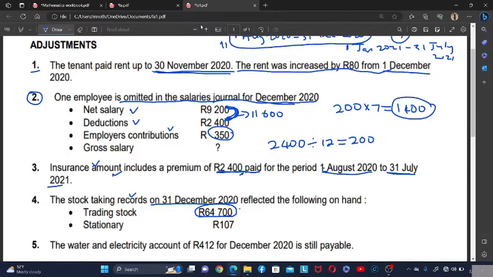So what does this mean? This means that the business is making a loss here. The business is losing here. So what do we call this? We call it a trading stock deficit. So the difference between these two amounts, 70,000 and this one, we call a trading stock deficit, which is an expense because the business is losing.